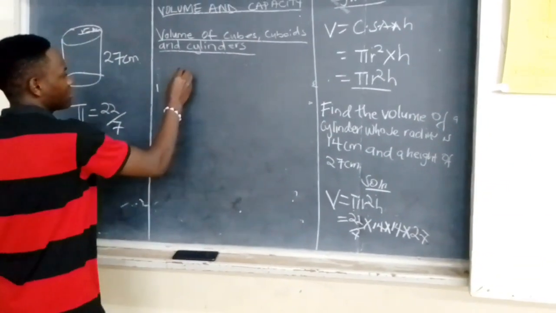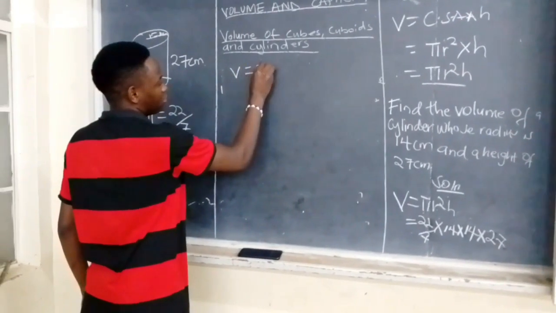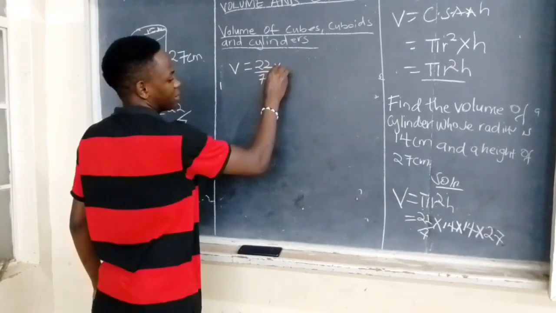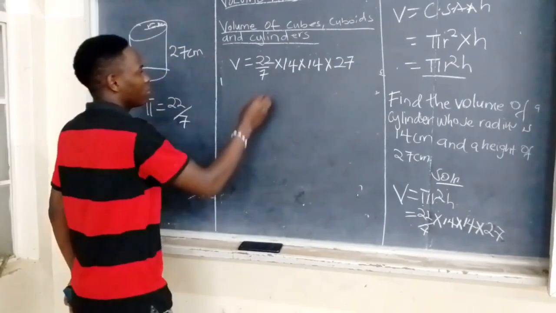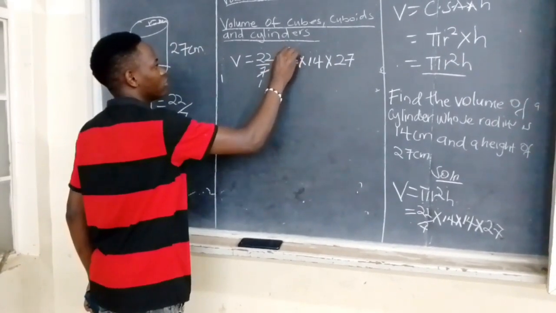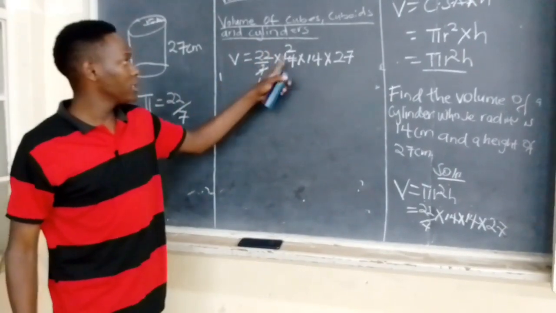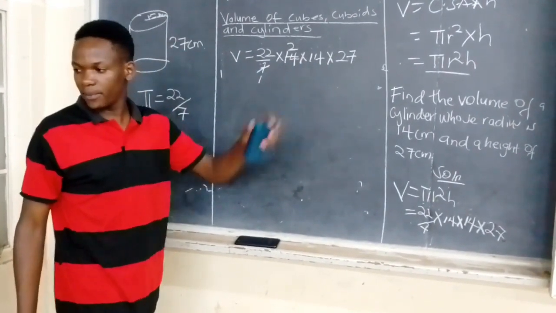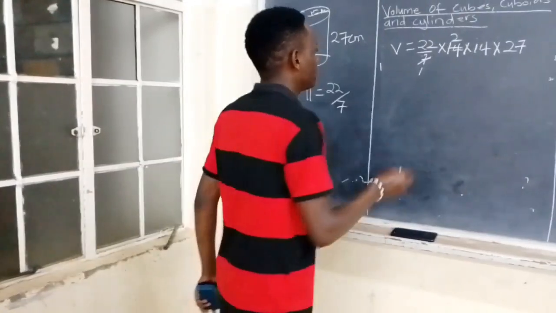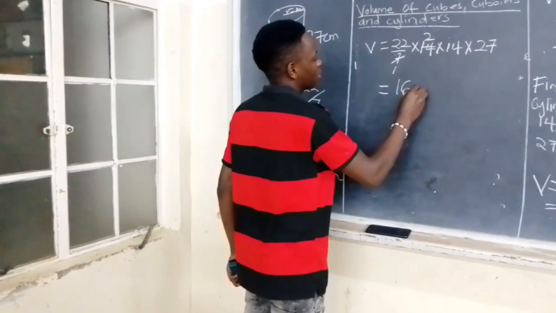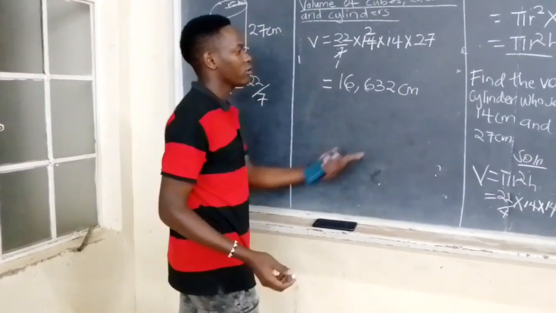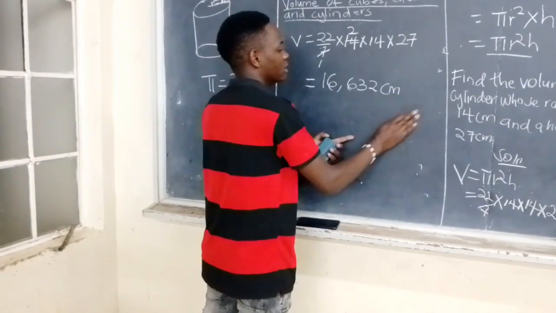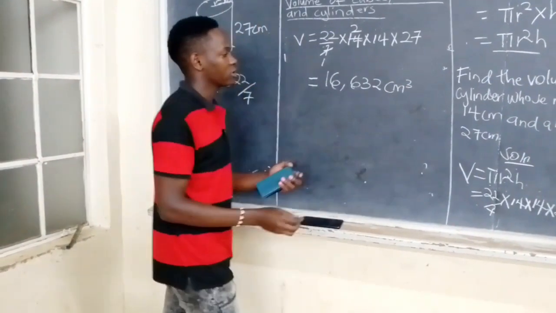So we have volume is equal to 22/7 times 14 times 14 times 27. 7 goes into 14 twice, and 22 multiplied by 2 multiplied by 14 multiplied by 27, we get 16,600 centimeters cubed, because it's volume and the units must be cubic.